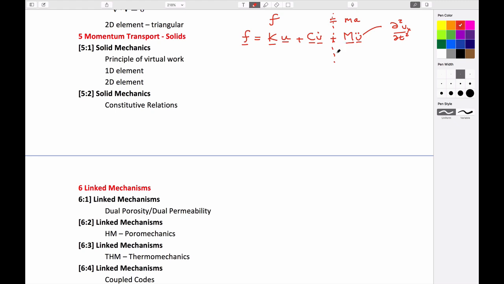We won't deal with anything that includes that. The only part we're interested in will be this, the steady state part. The non-inertial and steady state part. It is steady state, not changing with time. And so we'll only deal with this left-hand portion, in which we need to know something about the stiffness matrix.